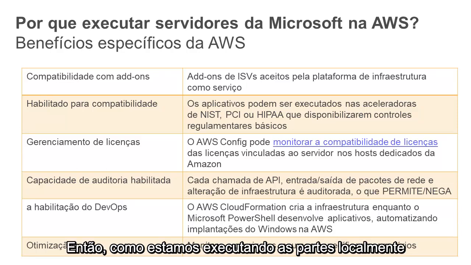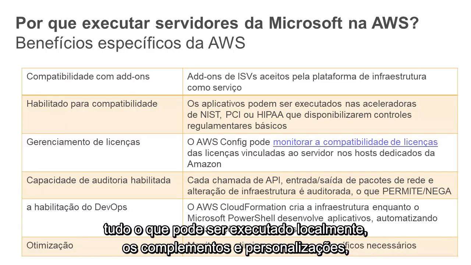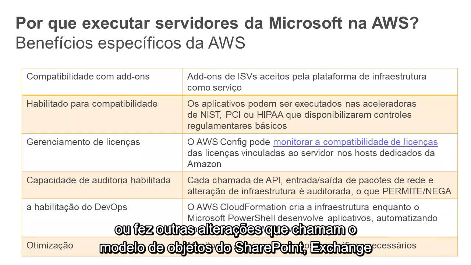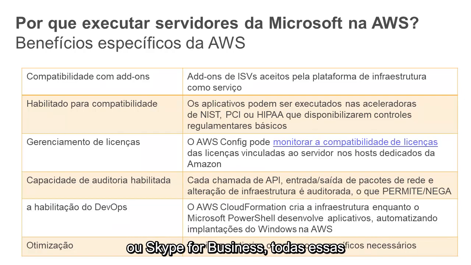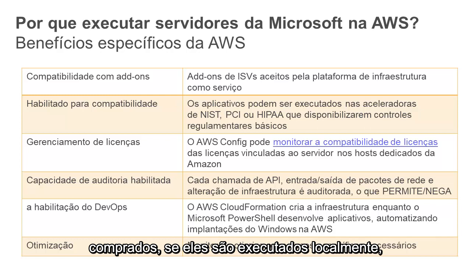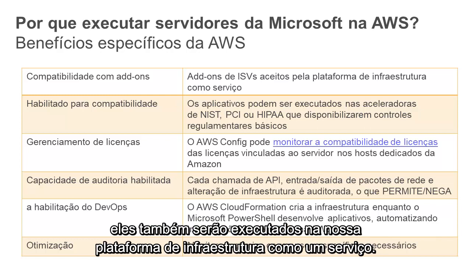So because we're running on-premises bits, anything that runs on-premises and add-ons and customizations, for example, if you've created your own custom ASP.NET master pages or made other changes that call into the SharePoint or Exchange or Skype for Business object models, all of those enterprise customizations, add-ons, ISV applications that you've purchased, if they run on premises, then they'll also run on our infrastructure as a service platform.